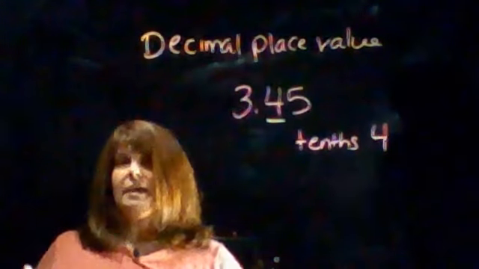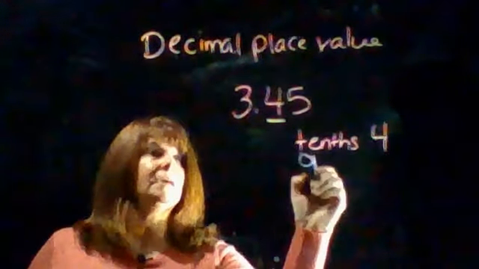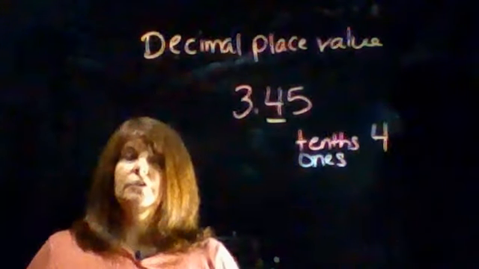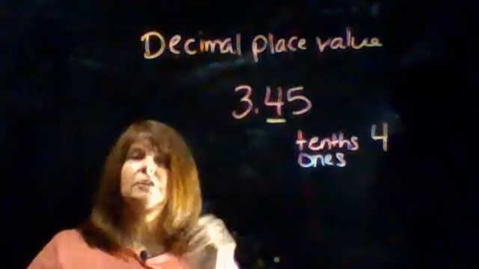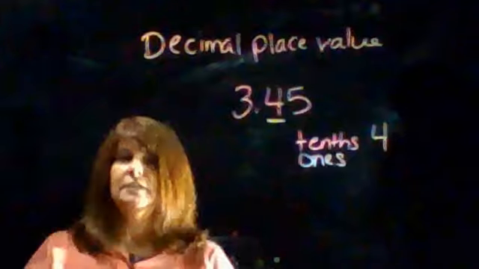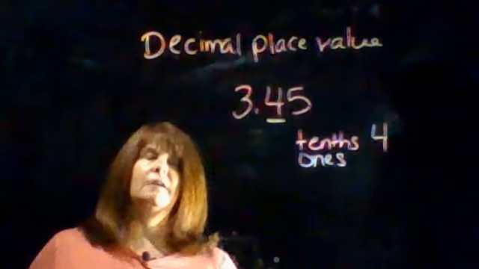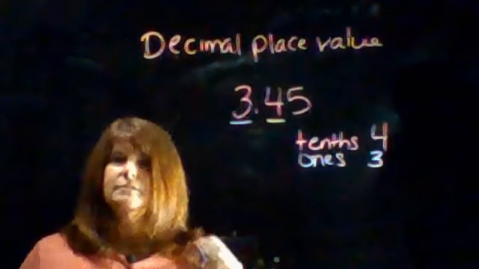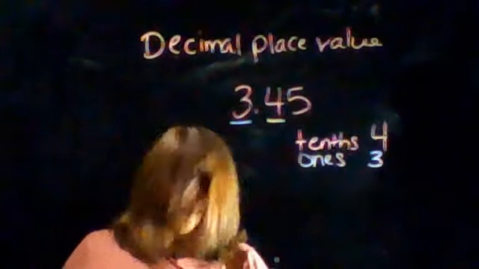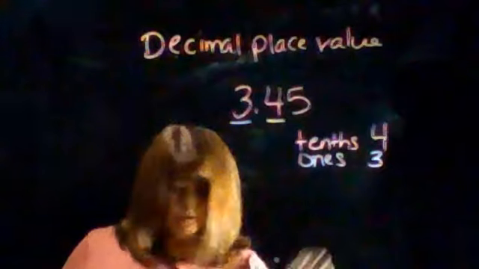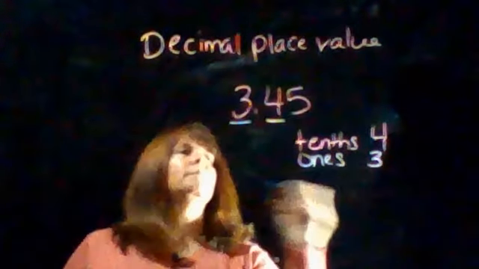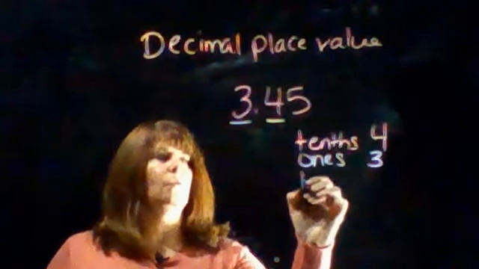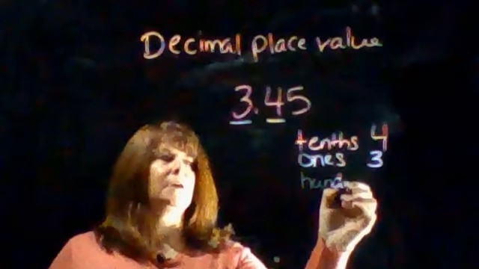So if I say, what's in the ones place on this number? You should be able to look up here and you know that if it doesn't have a TH at the end, it's got to be on the left-hand side of the decimal. And you're going to say, that's 3. 3 is in the ones place. Now, then I want to say, hey, what about the hundredths place?